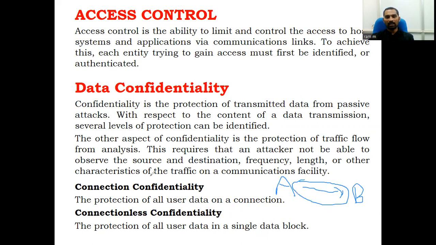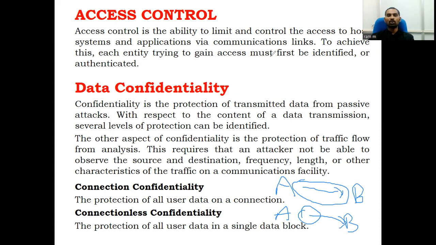This is connection confidentiality. We protect the data over this connection. But if they are communicating without a proper connection, that is, if they are using UDP, it will not follow a particular connection. Here we provide protection to the data block that is being transferred to B.